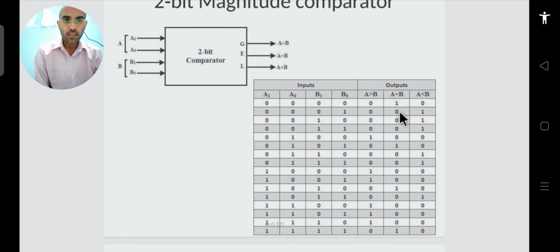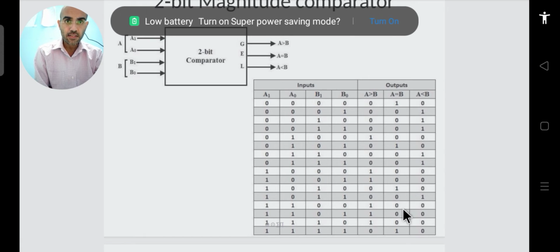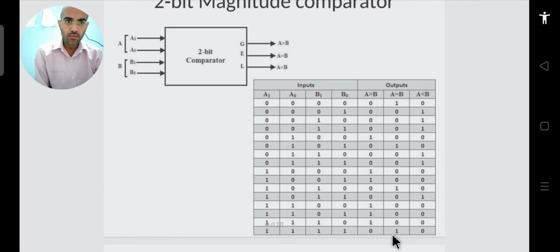Similarly for the other situations, for this case also you see 0 1 and this is also 0 1, so 1 is coming in this column. Similarly for this case, when A is 1 0 and B is also 1 0, 1 is coming. Again here you see, 1 1 and 1 1, so 1.